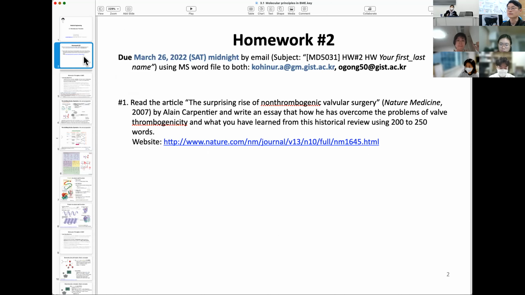So this is related to the second homework. The homework is usually not a large amount, I think it's 200 to 250 words. It's a pure essay. Don't try to summarize all the article content, which you're supposed to read through, but the more important thing is what you have gained, a new insight, what you have felt.